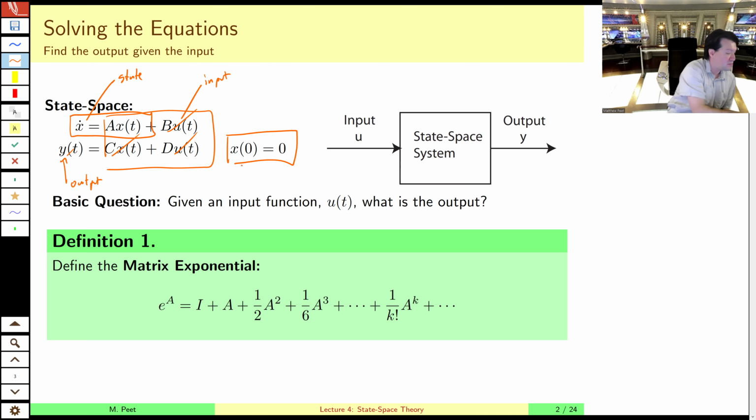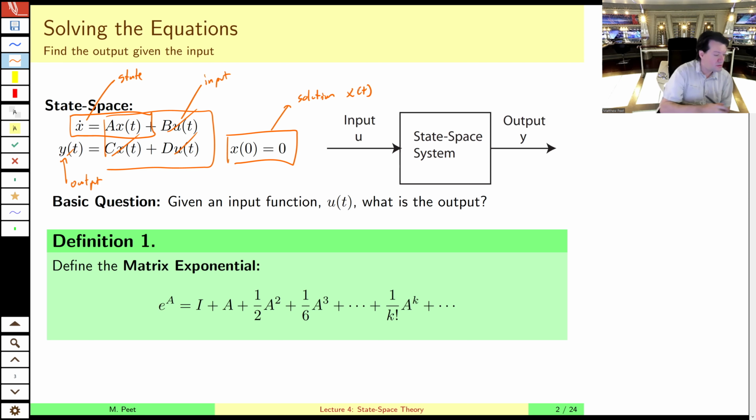Particularly the relationship between this initial condition and the solution x of t. And what are the properties of that solution, and how do we interpret those in terms of the matrix A?